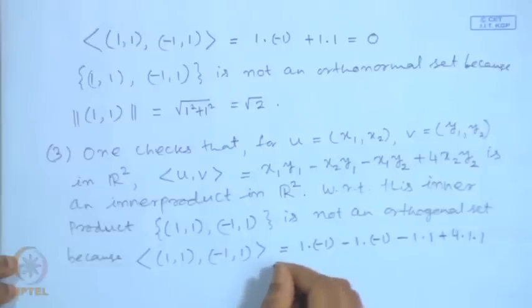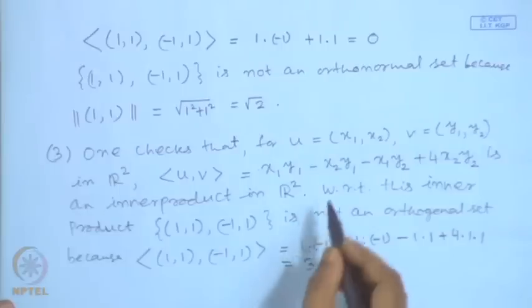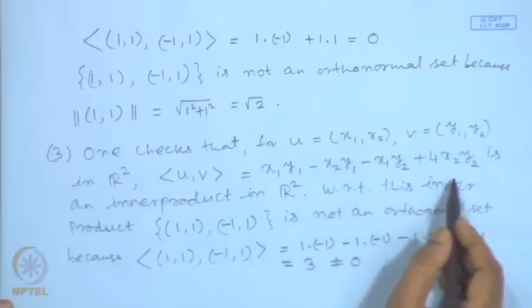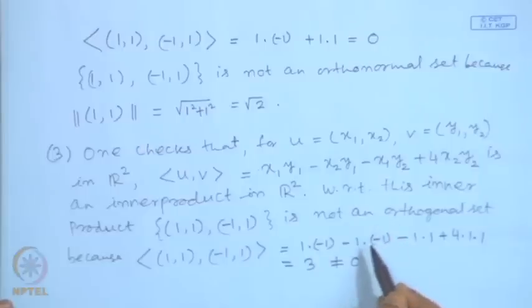One can see that its value is equal to 3, which is not equal to 0. Therefore, these two vectors are not orthogonal with respect to the inner product we have defined here. So, when we say that two vectors are orthogonal, with respect to which inner product we are saying it is important. In some inner products vectors may be orthogonal, but with respect to some other inner product, they may not be orthogonal.